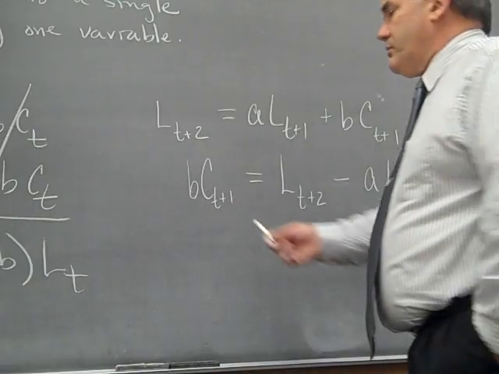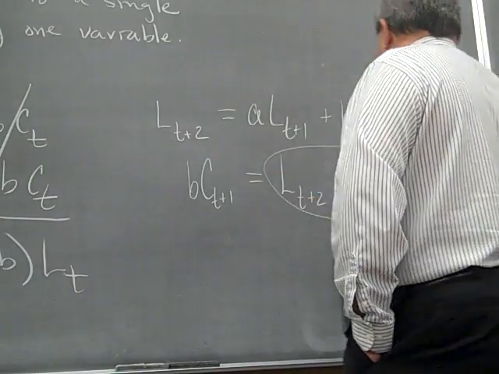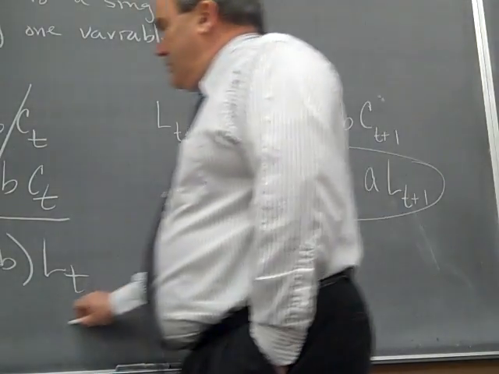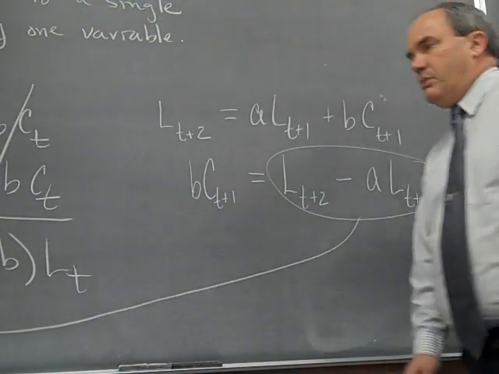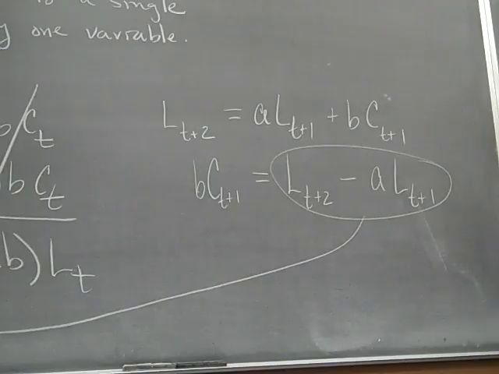And since I've solved for it, now I can take this right here and substitute it where the b times c sub t plus 1 is in that equation there.